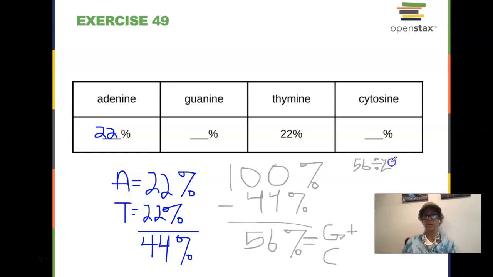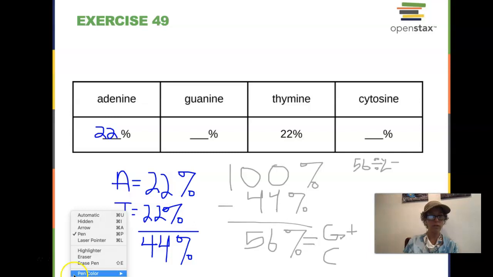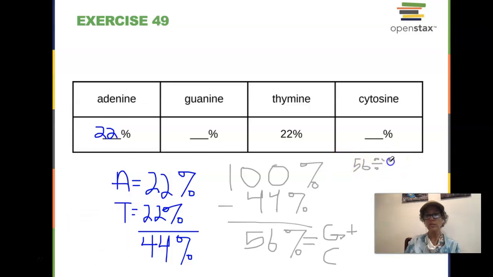That's a 2, trust me. Or not. Can we erase that? Yes. Just that. I don't want to erase all of my ink.